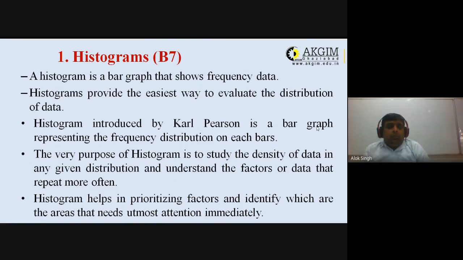Most of us have used this tool. A histogram is a bar graph that shows frequency data. Histograms provide the easiest way to evaluate the distribution of data. The histogram, introduced by Karl Pearson, is a bar graph representing the frequency distribution on each bar.